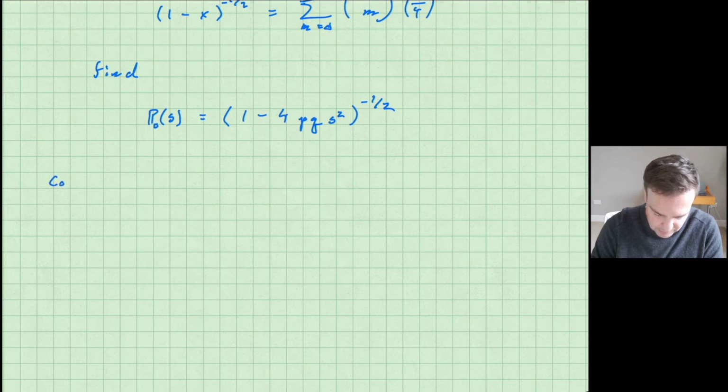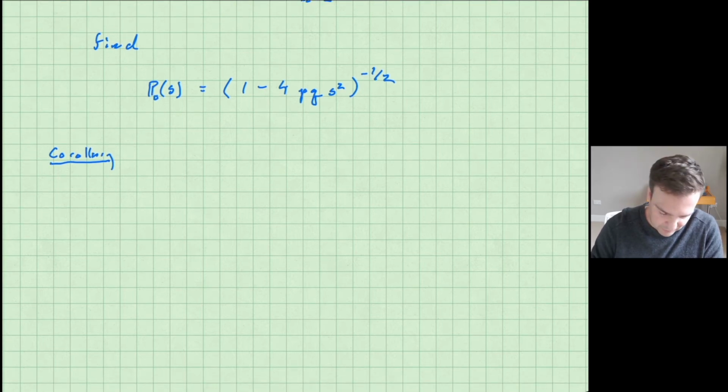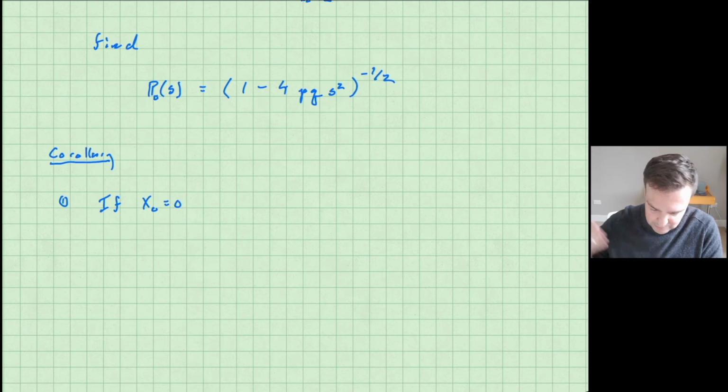So now I want to work on one last thing that we're going to prove here, which is a corollary to the previous proof. It has two pieces to it. So it says the following. Suppose, just like we've been doing, that x0 is 0, or declare the state that you're starting from 0. And we want to look at the probability of ever returning to this state.